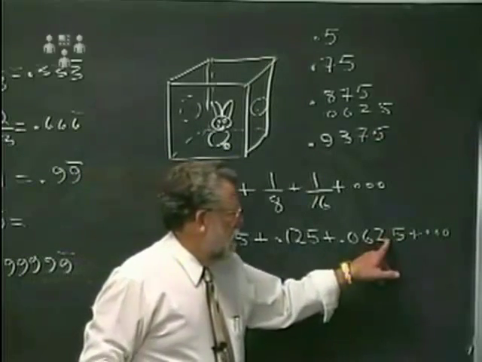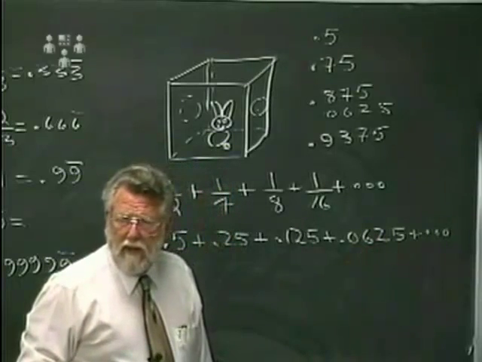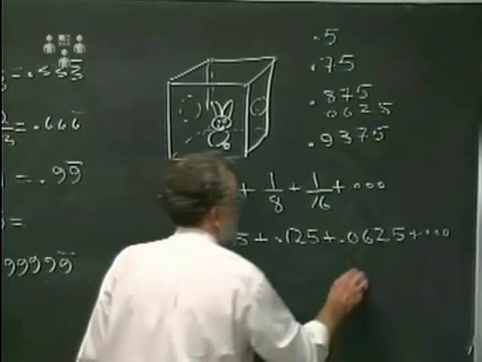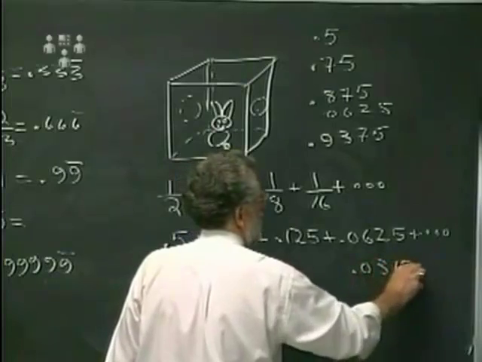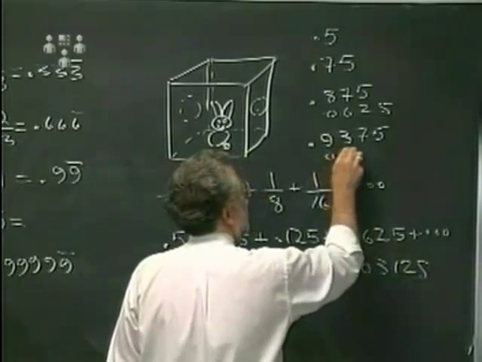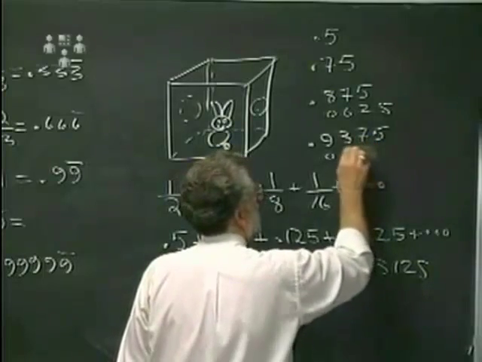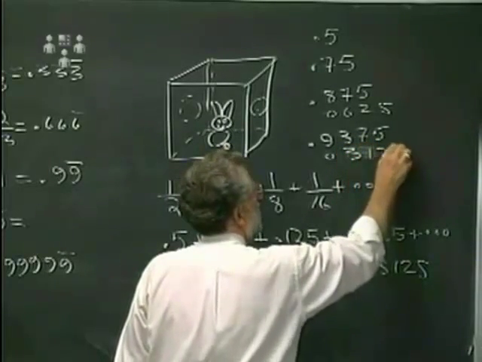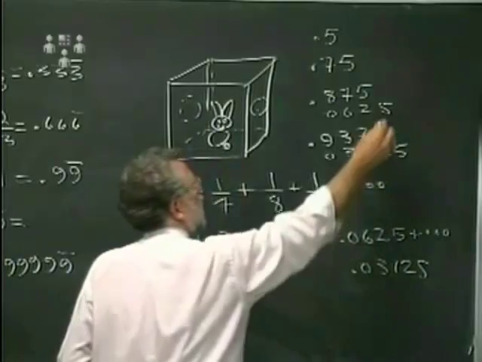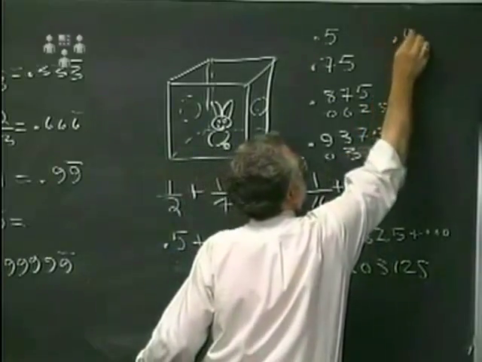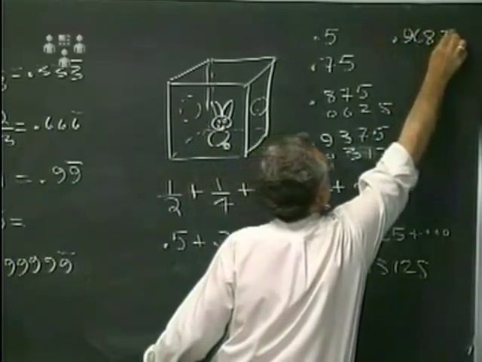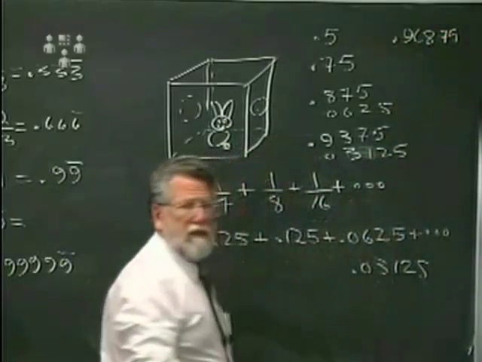What's the next one going to be after the 0.0625? 0.03125? So if I add 0.03125, this next one goes to what? 0.96875. And you just keep adding these in.